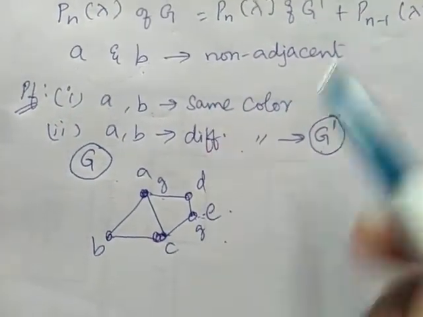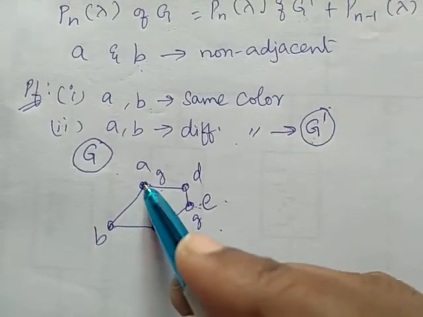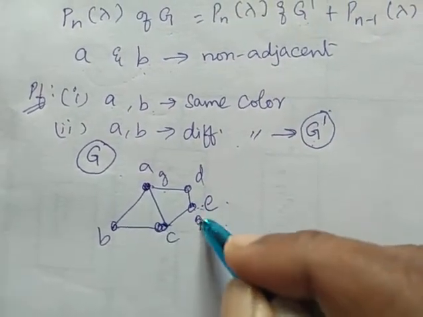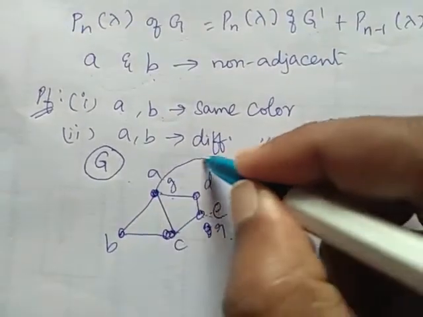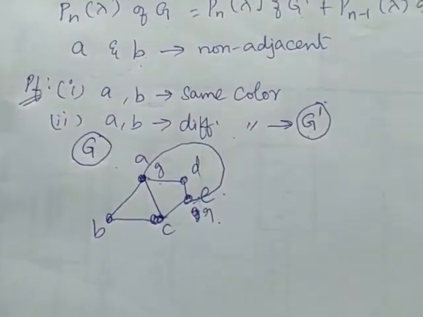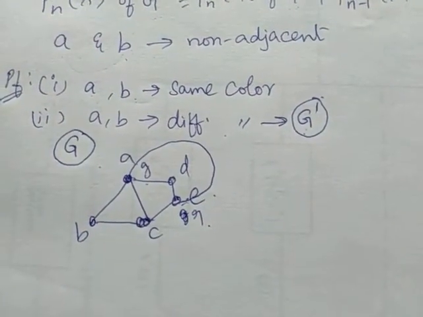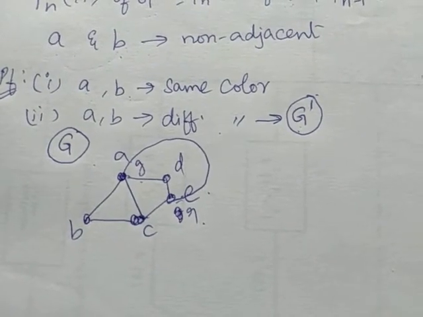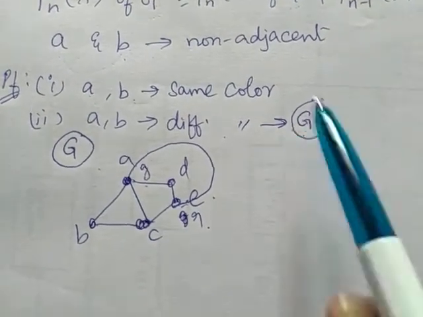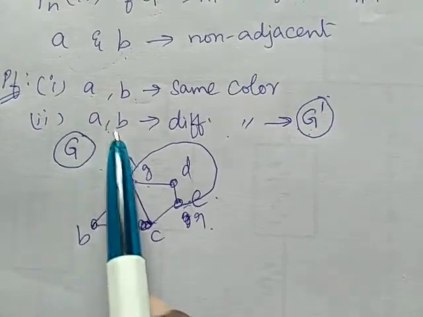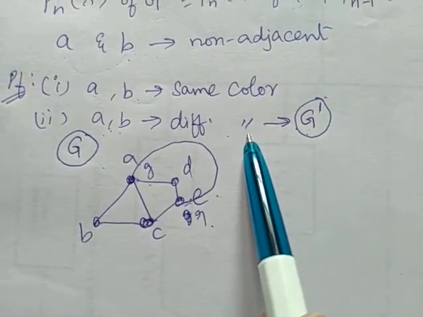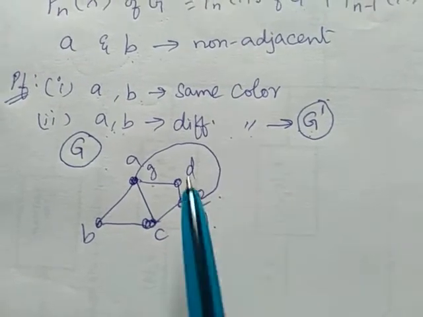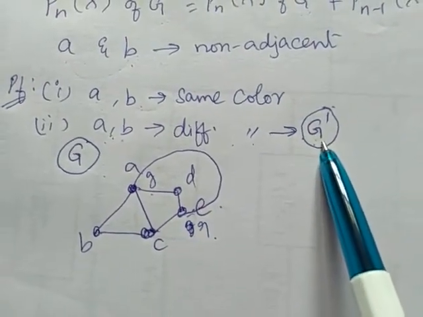That is our first case. In the second case, if I use A as green and E as red, and then connect them, again the proper coloring is valid, right? So that is our G dash. The proper coloring of A and B using different colors is the number of ways of properly coloring the graph G dash.